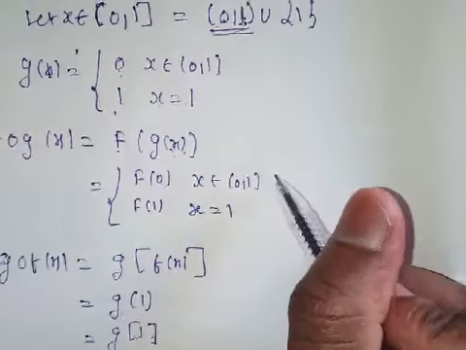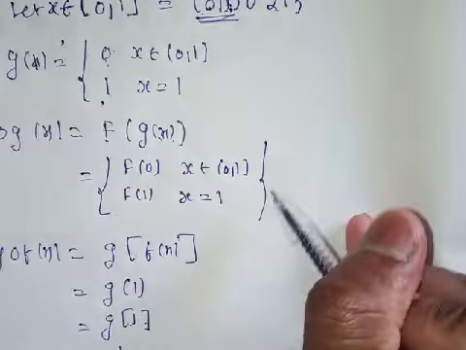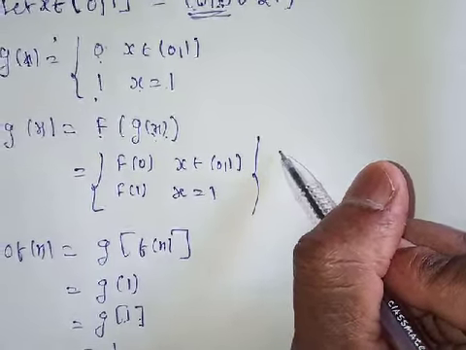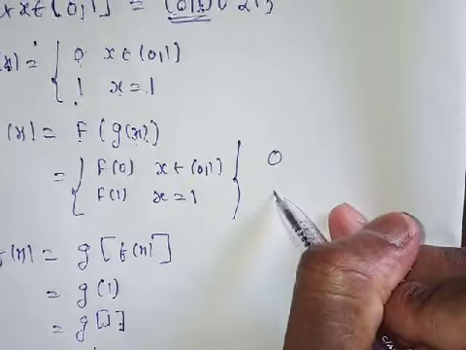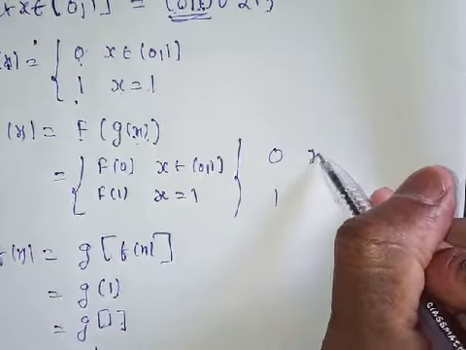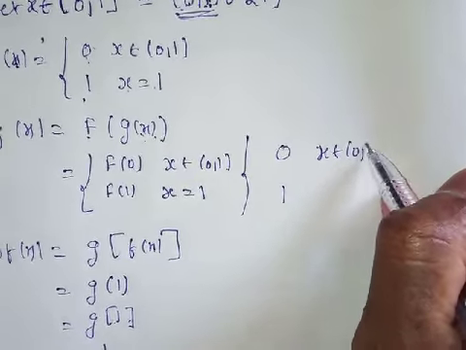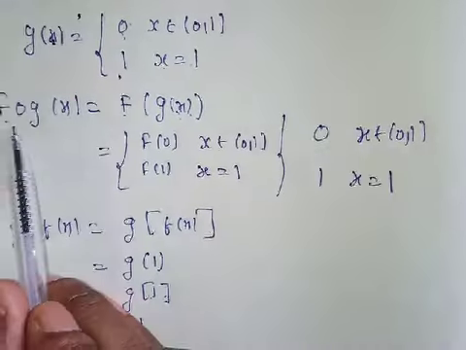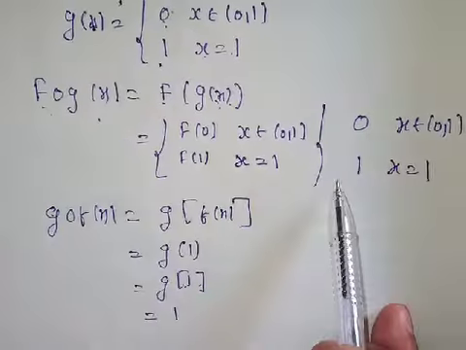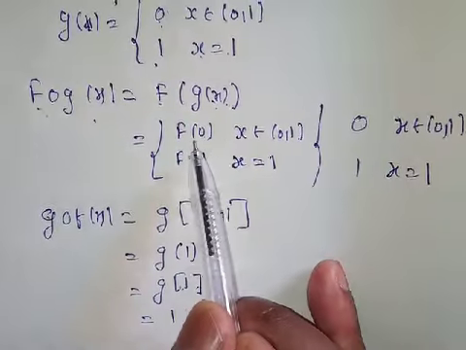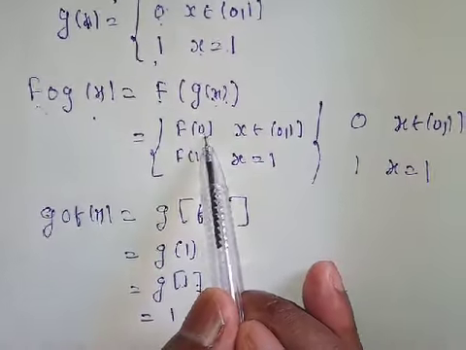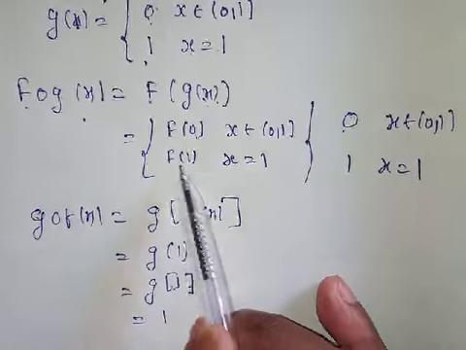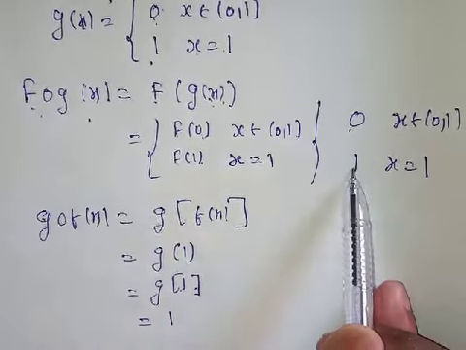So what we see, fog of x is equal to 0 or 1, which we have to define again: 0 and 1 when x belongs to (0, 1), and when x is equal to 1. So for g of x we have two values; we have to put f of 0, which is 0, and f of 1, which is 1.